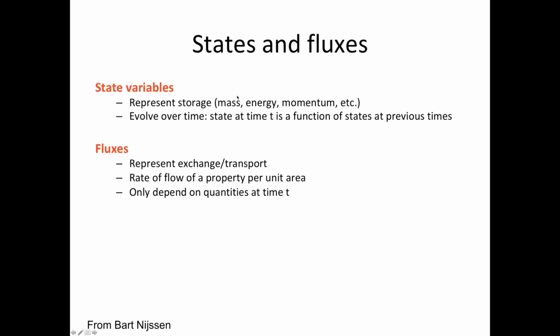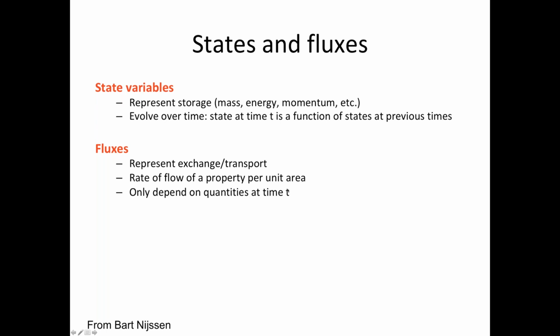Okay, now our fluxes represent our exchange and transport, rate of flow of a property per unit area. If you are thinking about drawing a control volume, this is what's coming into or out of your control volume. This only depends on quantities at time t.